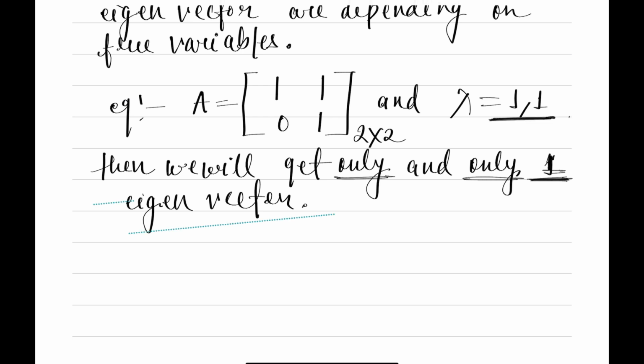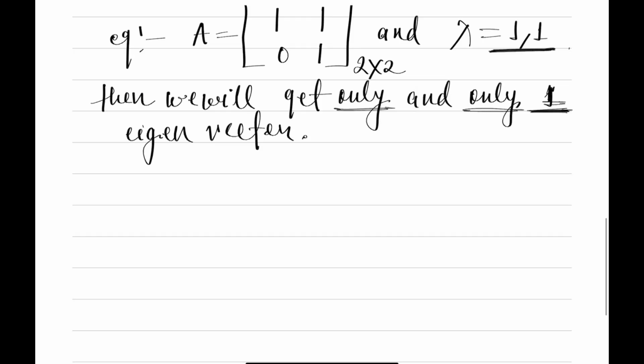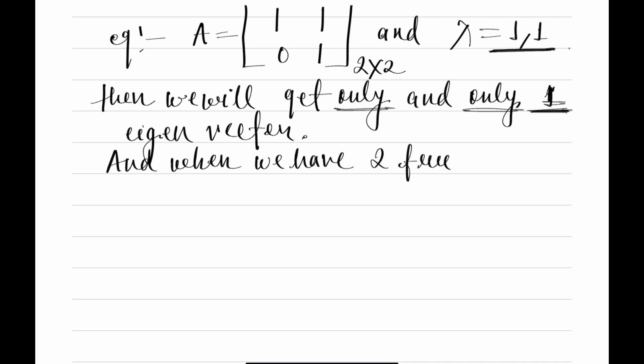And when we have two free variables, then the free variables are the nullity.